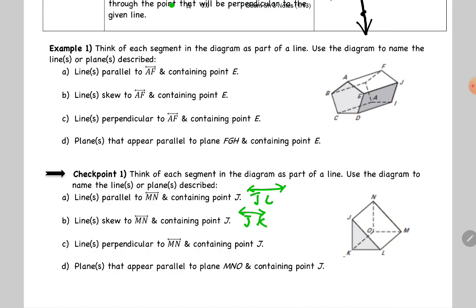Lines perpendicular to MN containing point J. That would be JN. See how that's a 90 degree angle? Now we're not supposed to assume 90 degrees. They would give you that this is 90, but that's the closest thing I can get.